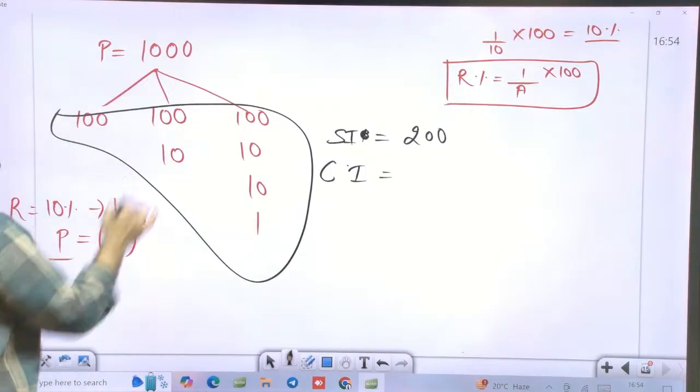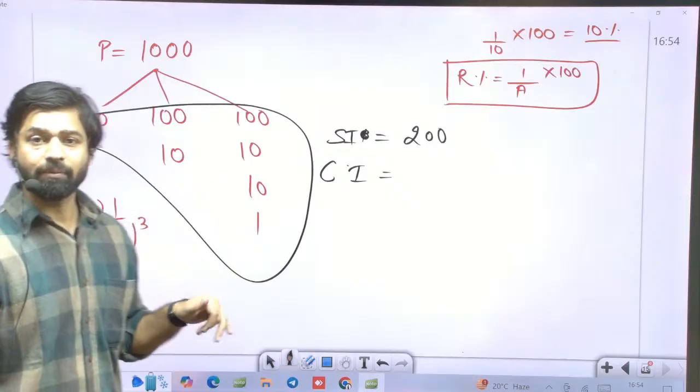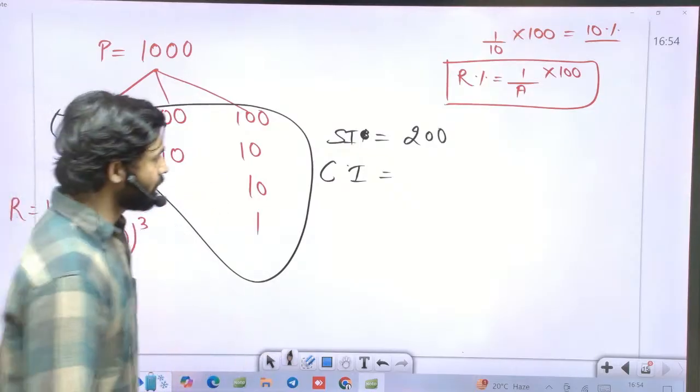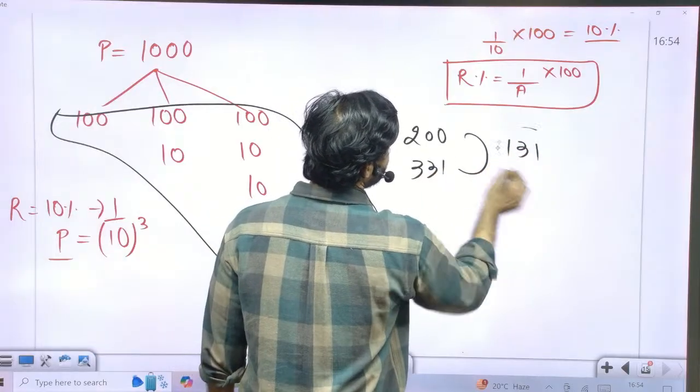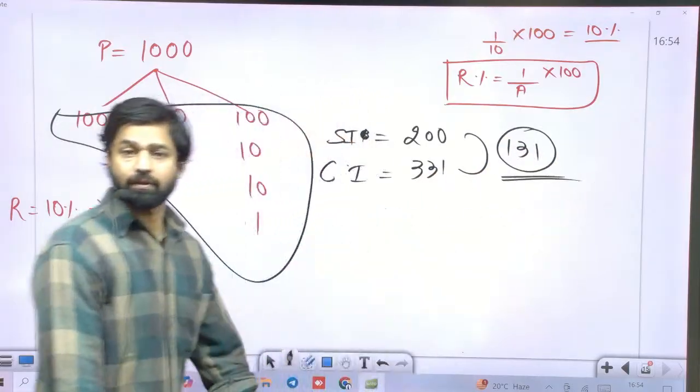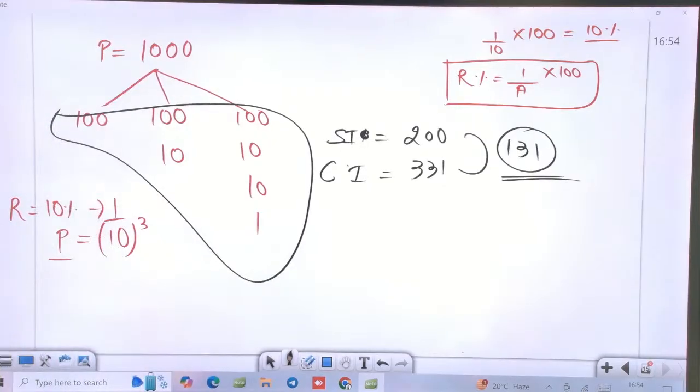So 100 three times 300, 10 three times 30 and 1, 331. And the difference between these two is what? 131. So the answer is 131 units. Got it? Any problem? You must know how to read the chart. Without it, the chart is useless. If you are making it and you are not understanding it, it is useless.